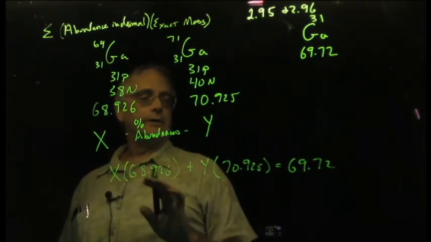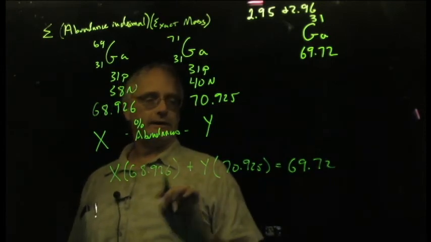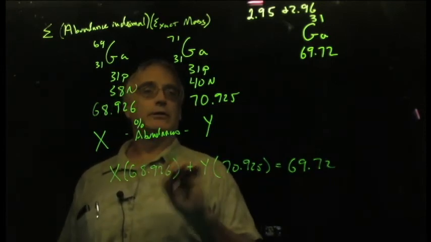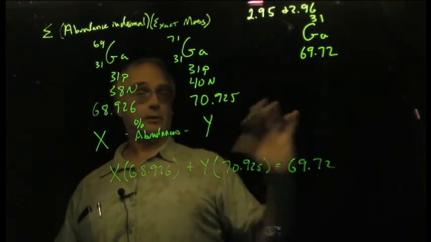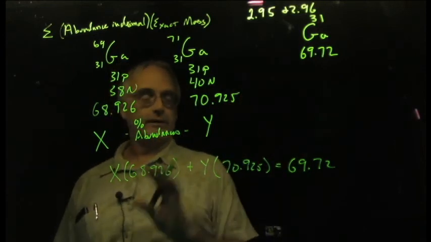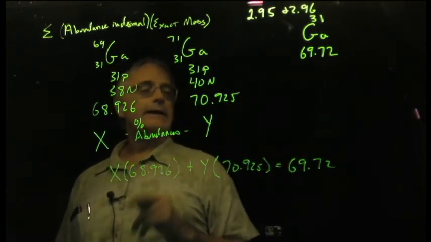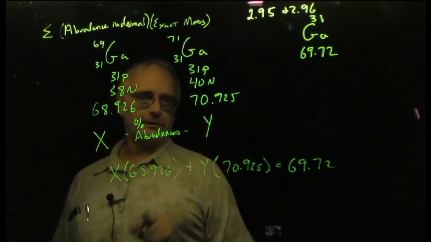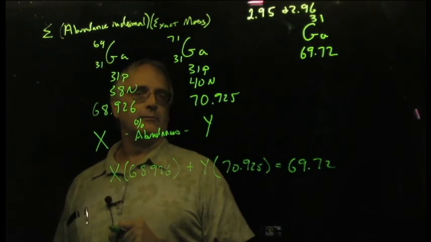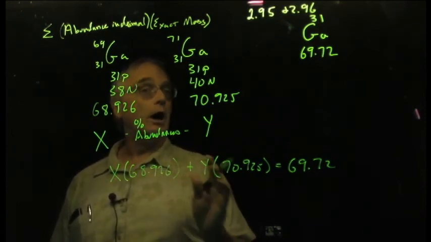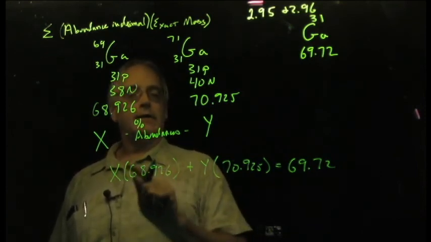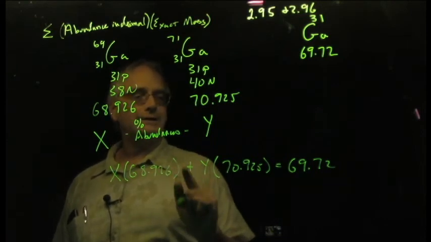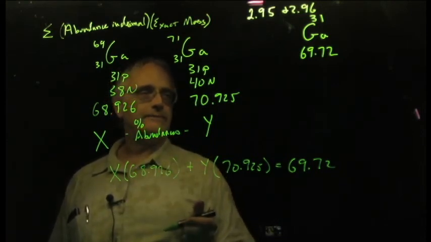And so I'm going to give you one hint. As soon as you see it, most everybody will go, oh, of course, and off you go, because this really is not that difficult a problem. And the hint is simply this. Remember what we said about percent abundances. If these are all the isotopes, they add up to 100%. In other words, x and y here are not separate independent variables.